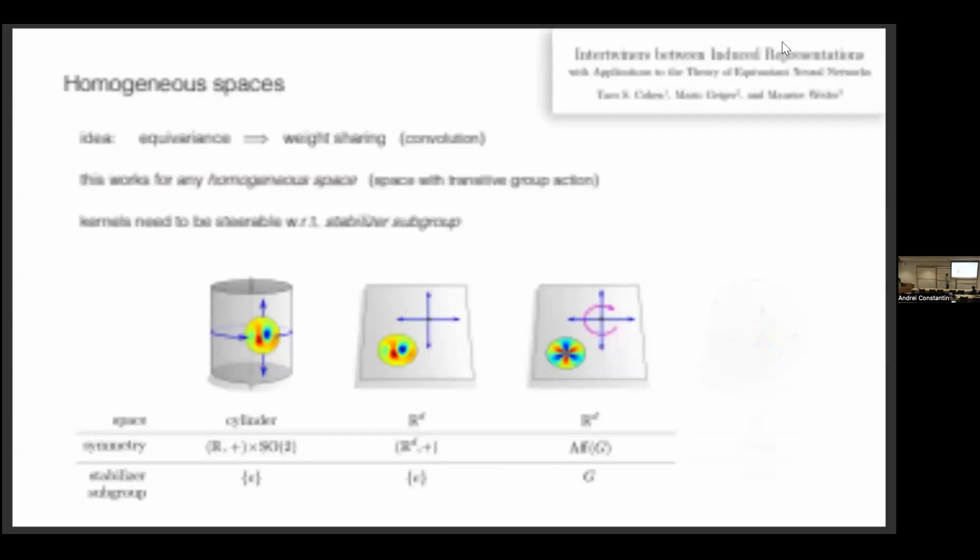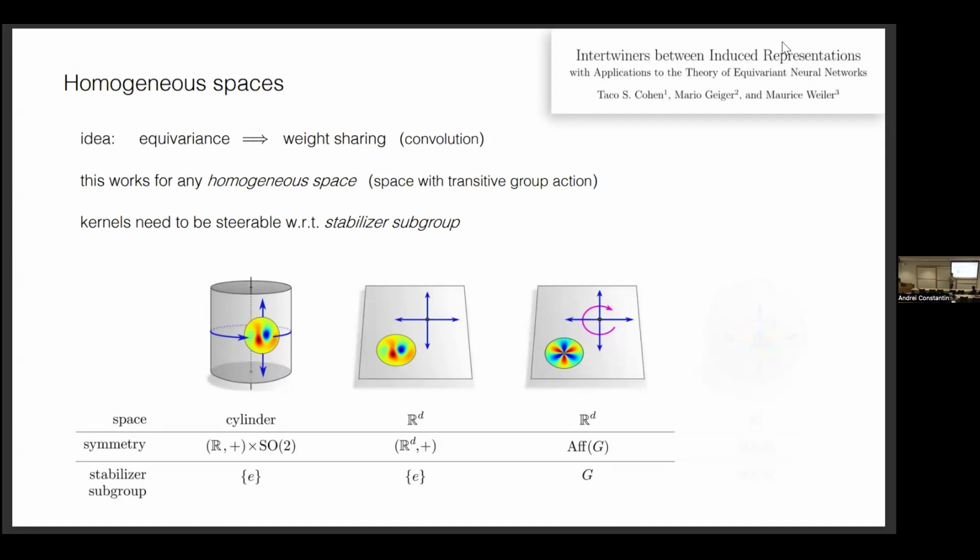And then we had this more complex example where we are again back in Euclidean space, but we have the affine group as transitive symmetry group. Then we got this G-steerability constraint, and G is essentially the stabilizer subgroup of that action on this space. This is how it generalizes to general homogeneous spaces.